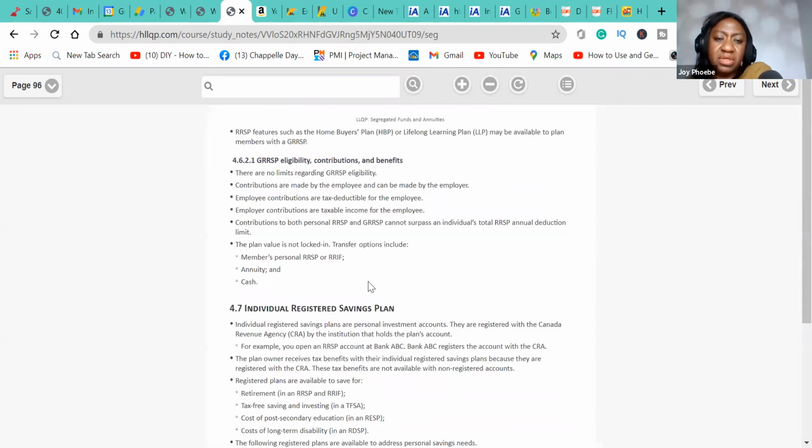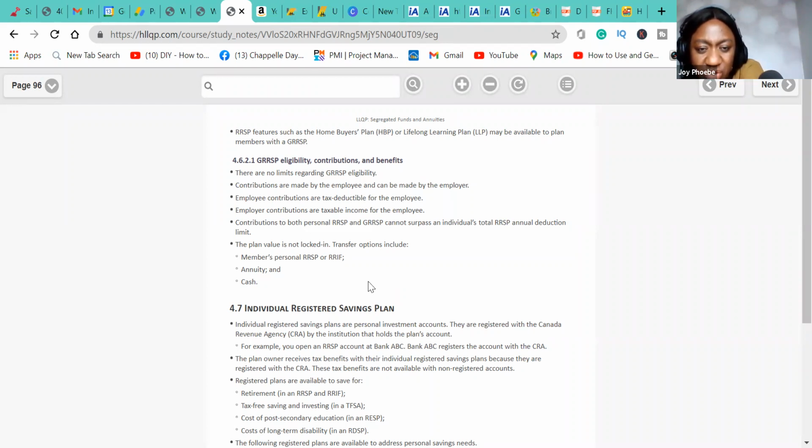All right. We talked about eligibility, contributions, and benefits. There are no limits regarding eligibility into the group retirement savings plan. Contributions are made by the employee and can be made by the employer as well. Yes, employee contributions are tax deductible for the employee.